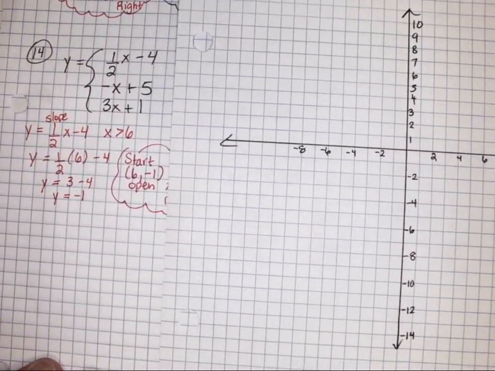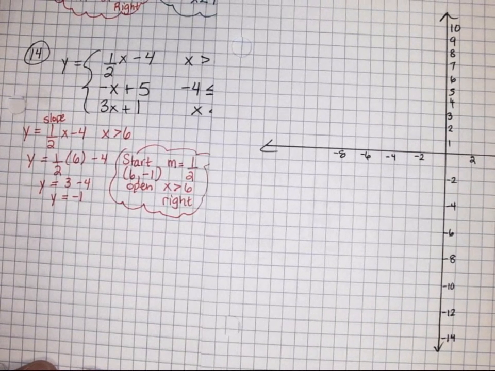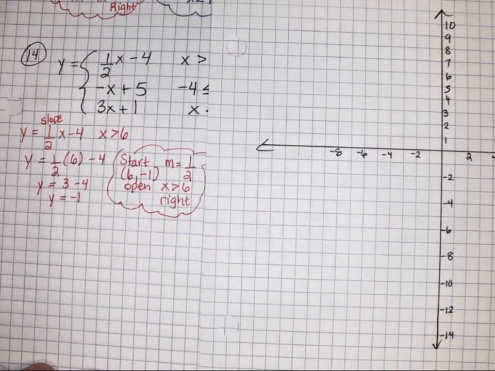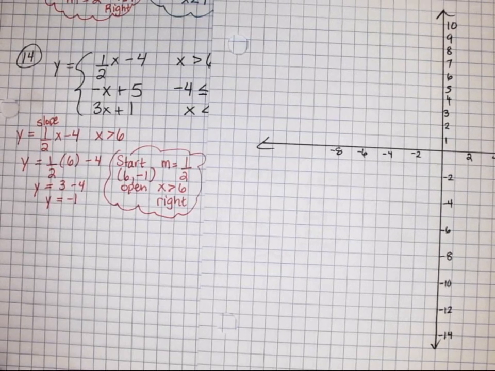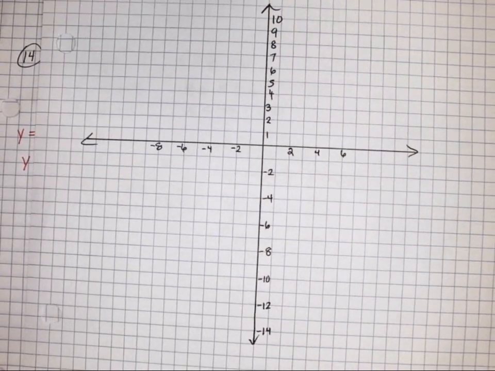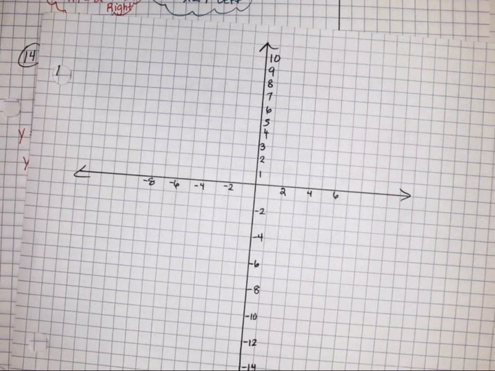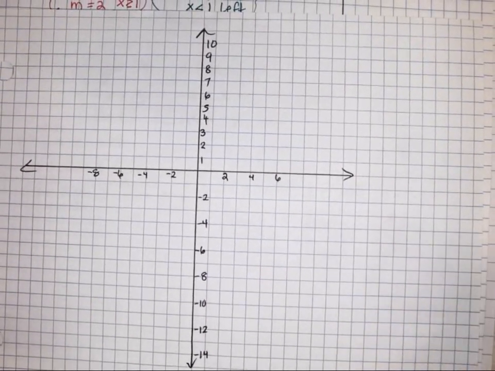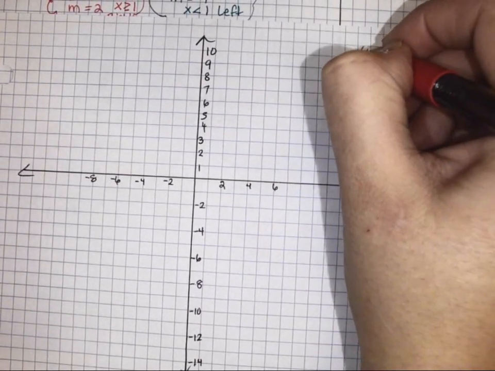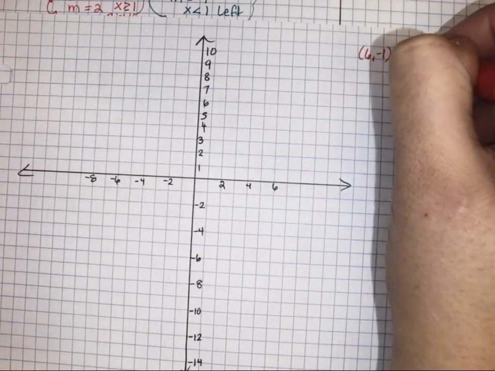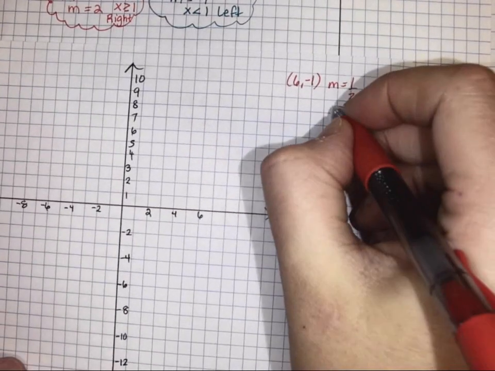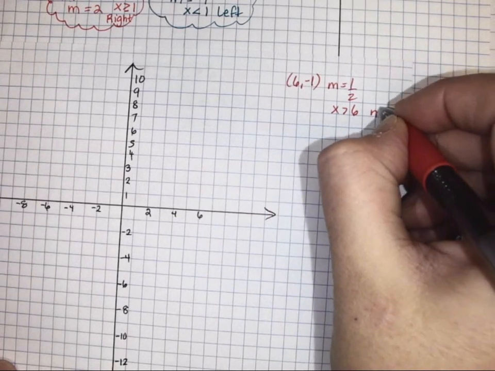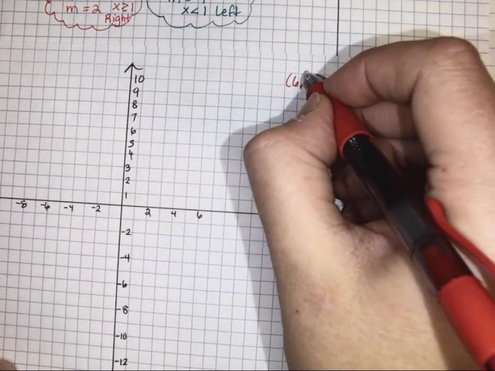So to graph the part in red, we're starting at 6, negative 1, slope of 1/2. It's x greater than 6, so I only want to see the right, and we know that that's open.